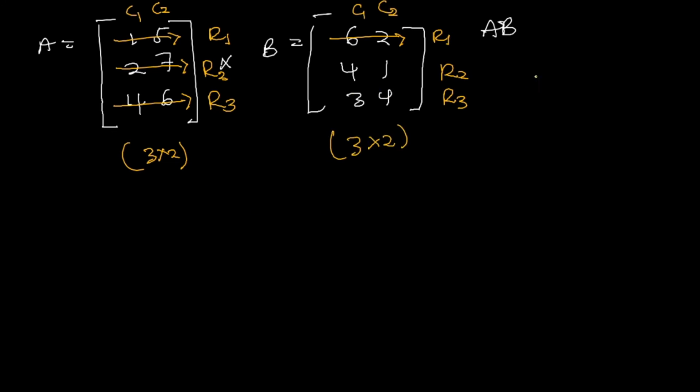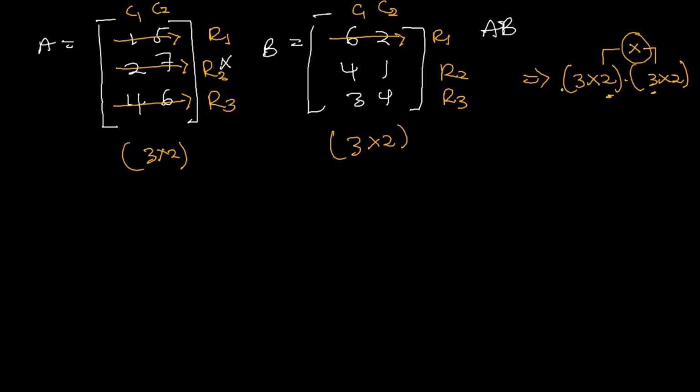So if we are to multiply a 3 by 2 matrix by another 3 by 2 matrix, let's look at that. If we look at the columns of the first matrix and the rows of the second matrix, we can see that this is 3 and this is 2. They are not equal.